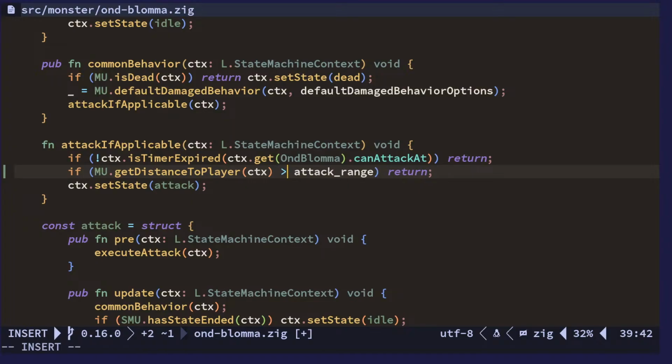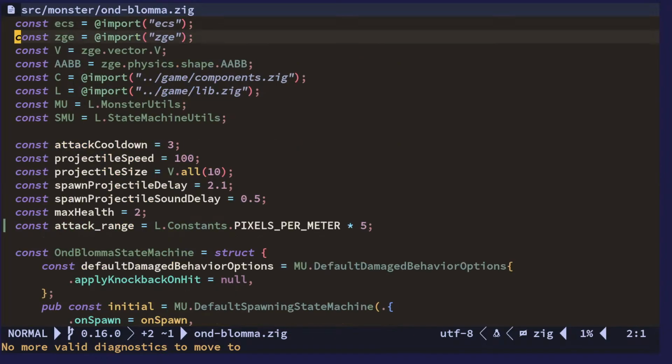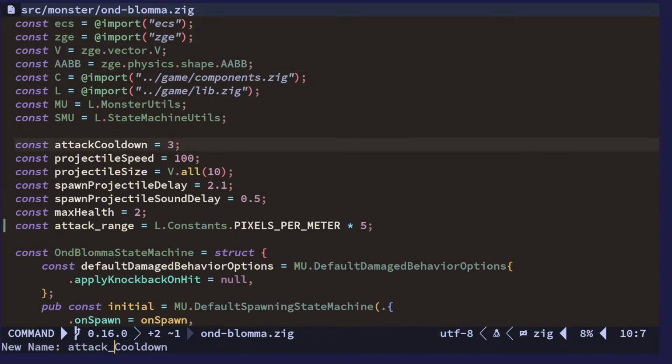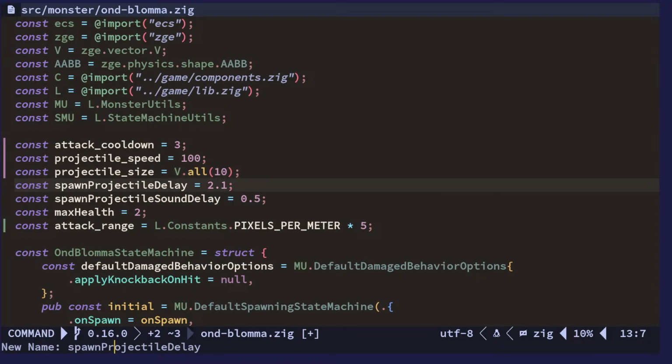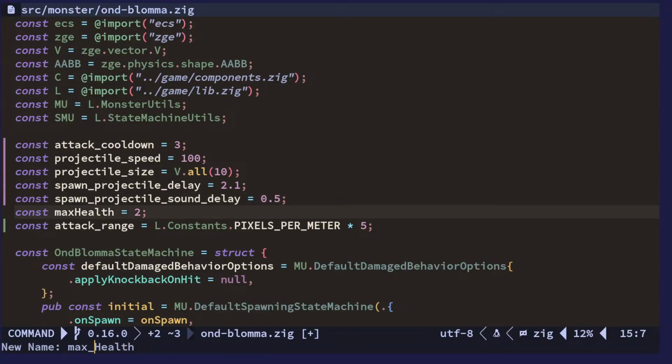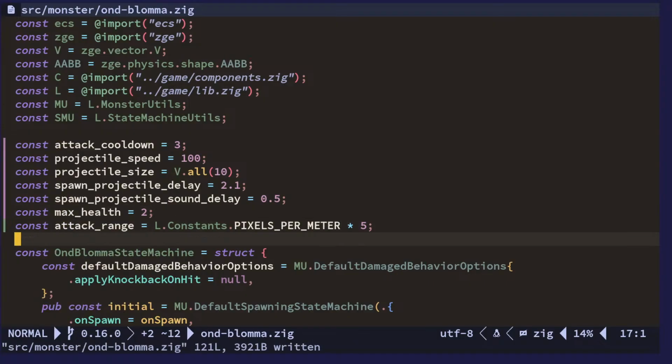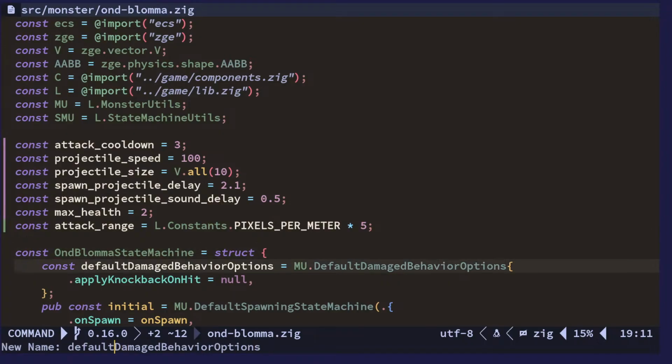So if we're out of range... I wonder if there is a plugin that changes the casing style.